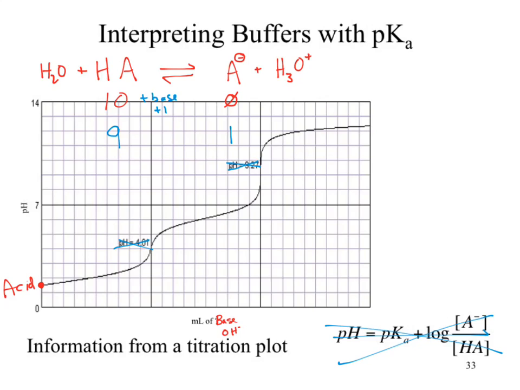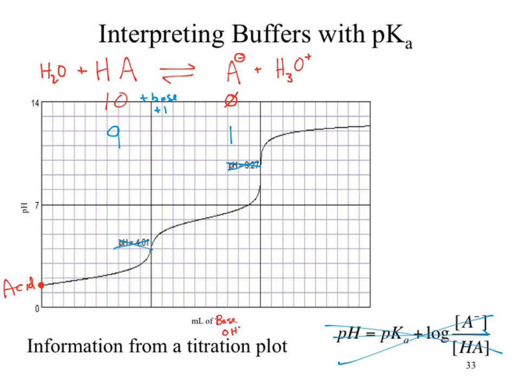Okay? So what's happening is HA is buffering the addition of base. Okay? So all we're saying by buffering is we're preventing a pH change. Okay? And you'll notice that when I'm phrasing that, the preventing I'm looking at is it's only buffering base.